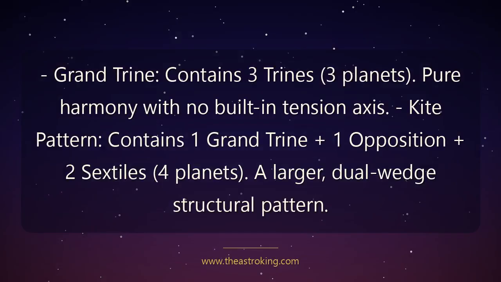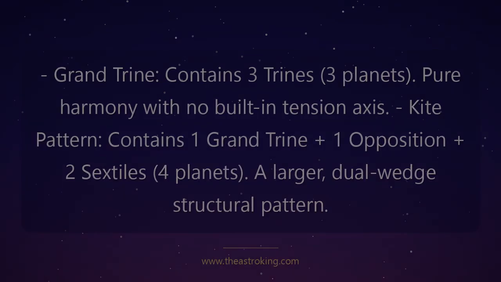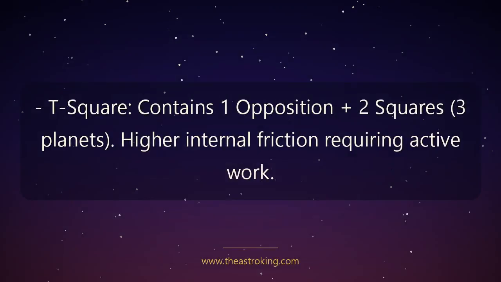Pure harmony with no built-in tension axis. Kite pattern. Contains 1 grand trine plus 1 opposition plus 2 sextiles. 4 planets. A larger, dual wedge structural pattern. T-square. Contains 1 opposition plus 2 squares. 3 planets. Higher internal friction requiring active work.